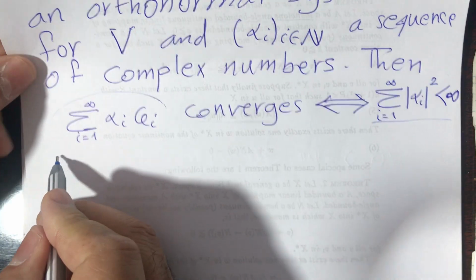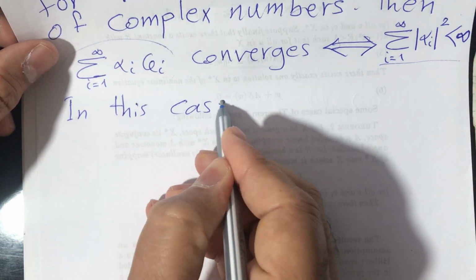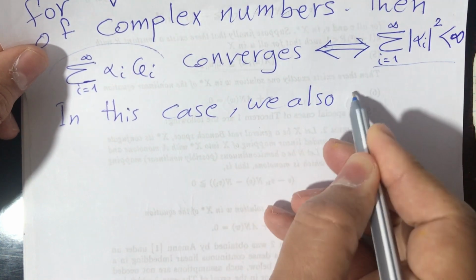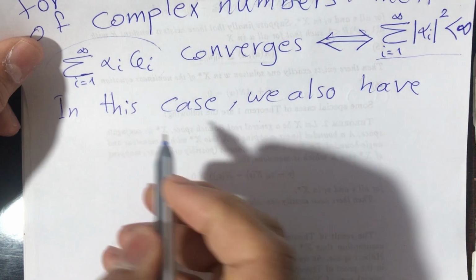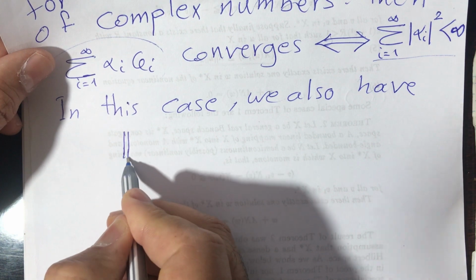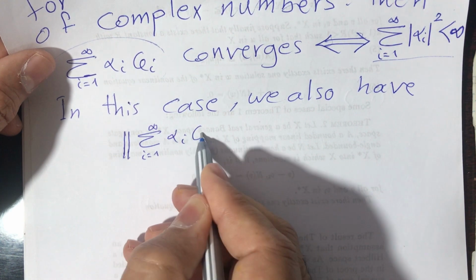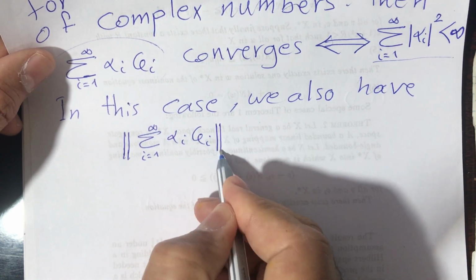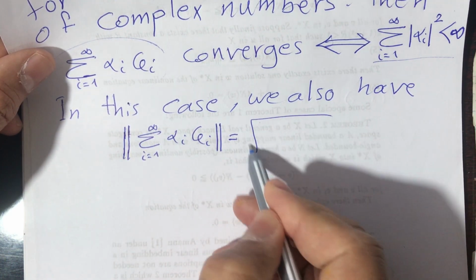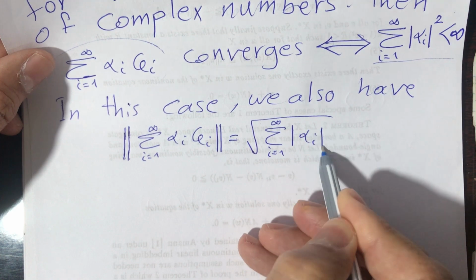In this case we also have the norm of the summation I from 1 to infinity alpha I phi I is equal to the square root of the summation I from 1 to infinity of the absolute value of alpha I squared.